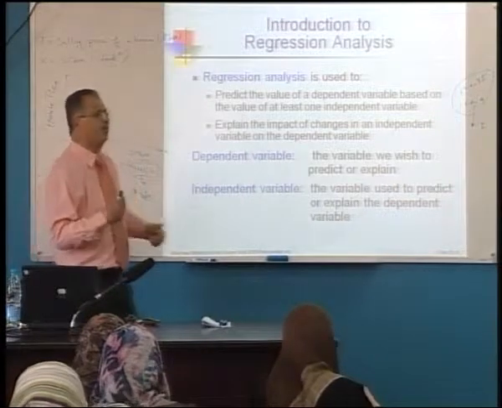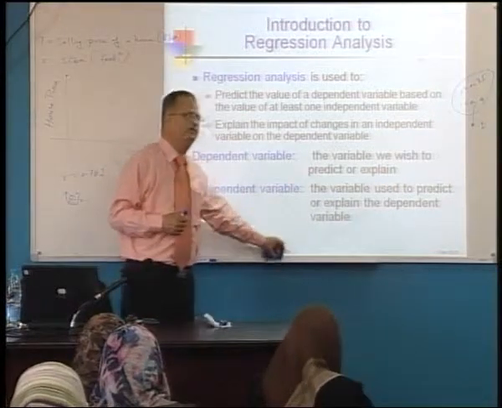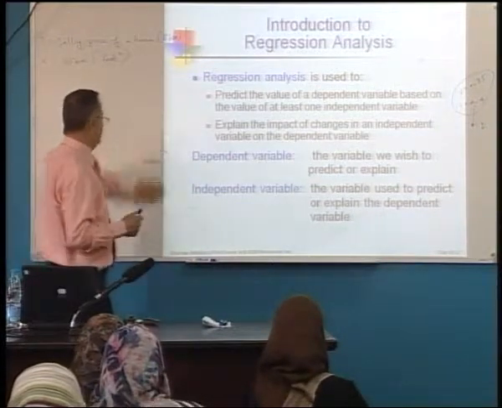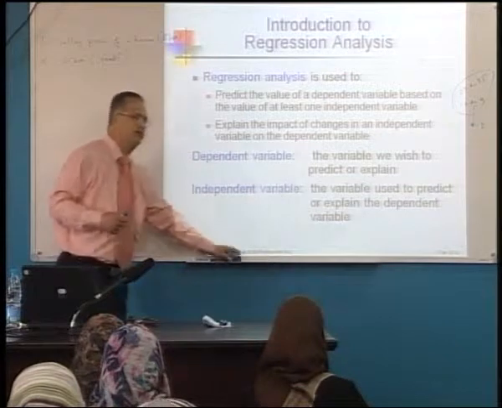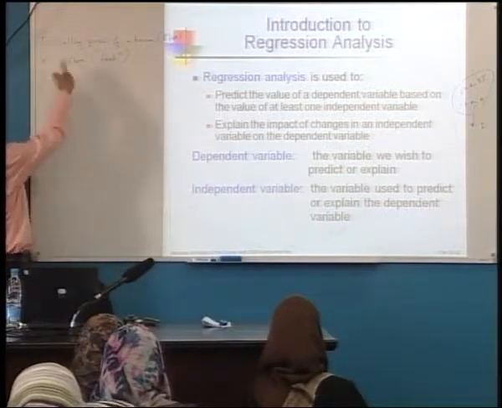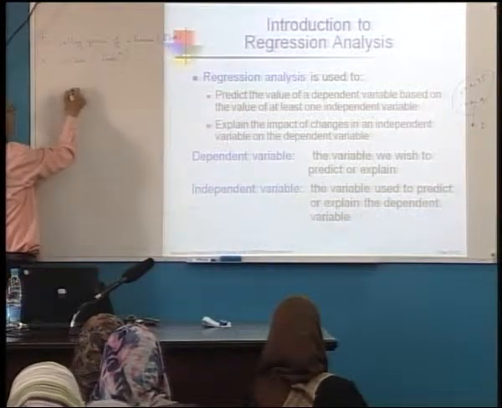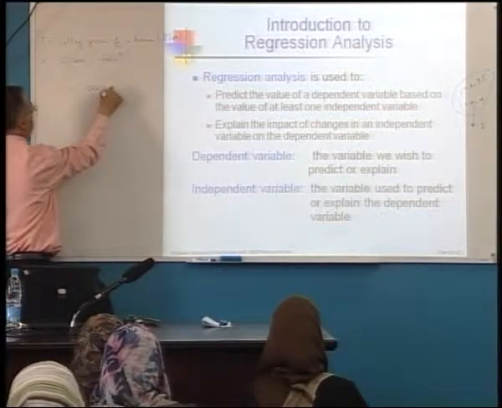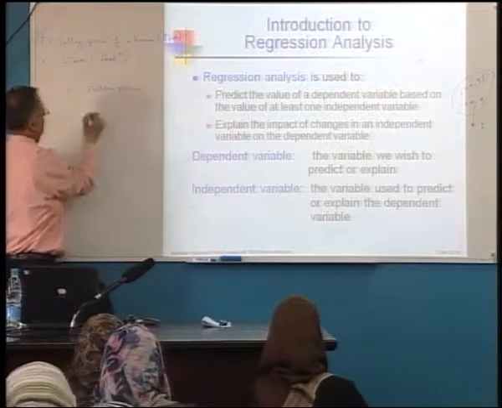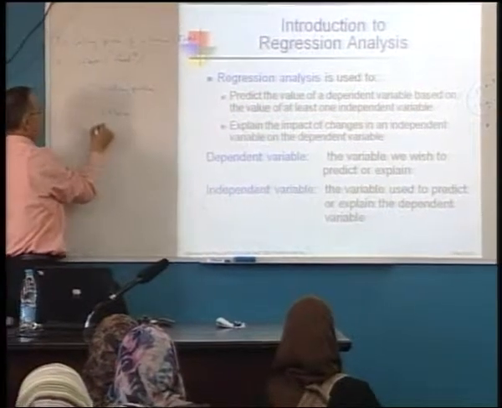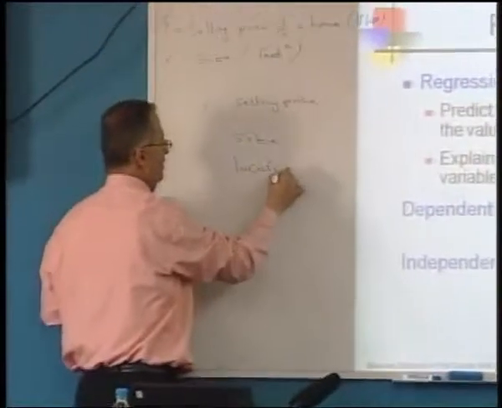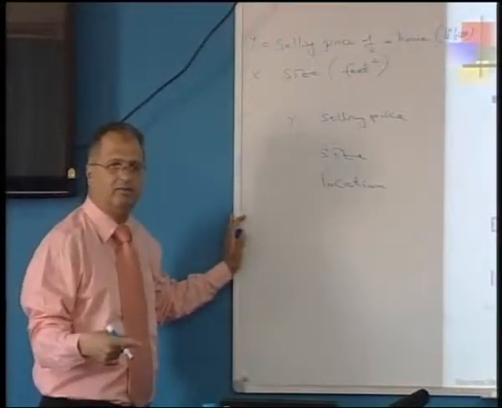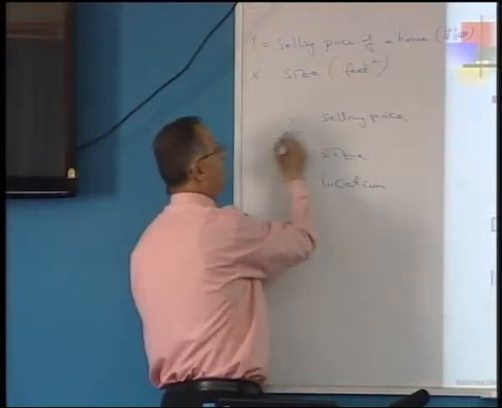Sometimes there exists more than one independent variable. For example, maybe there is more than one variable that affects the selling price. Besides size, maybe location is also another factor that affects the selling price.